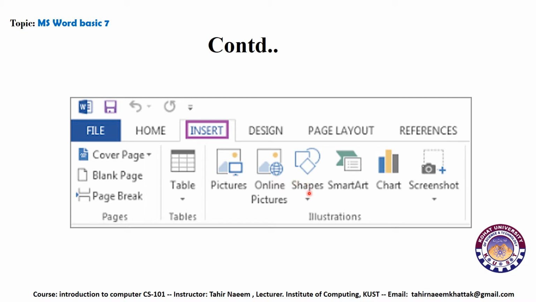These are the shapes, and different arrows, callouts, and recently used shapes we can add into our document. The screenshot is indicated by a camera icon, and with the help of the camera we can take a picture of our desktop and directly move it into our Word document. Now in today's lecture we will discuss SmartArt and charts in detail.